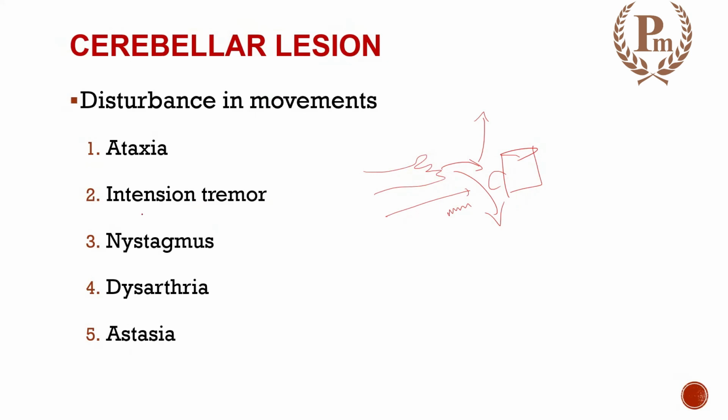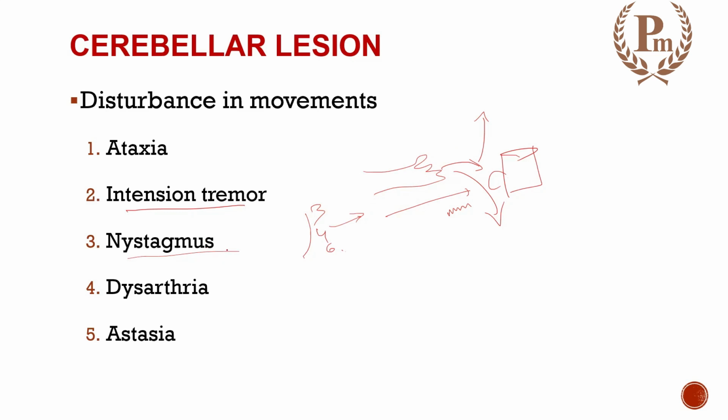Then we know that the cerebellum has connections with the superior colliculus, and with the vestibular nuclei, which have connections with the third, fourth, and sixth cranial nerves, which are involved in eye movements. Hence, we know that there could be nystagmus. We have learned about nystagmus. If there is a cerebellar lesion, we may see cerebellar nystagmus.